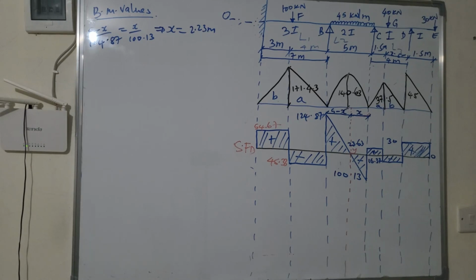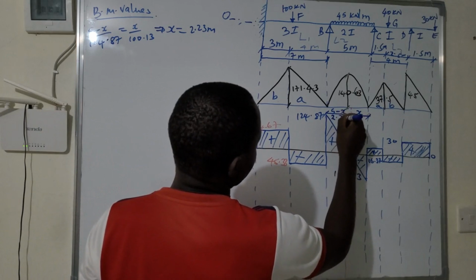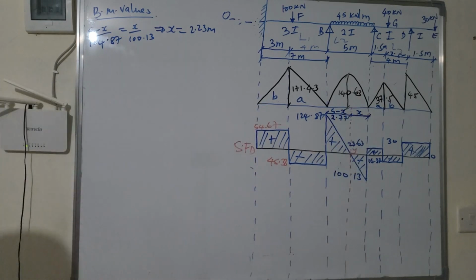So the other distance is 2.77. So this one is 2.77. And this one 2.23.